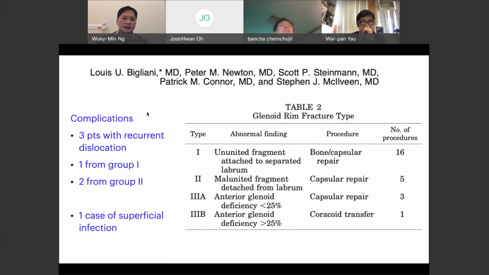For the open surgery done by the Bigliani group, they found that they still had 3 patients with recurrent dislocation, 1 from group 1, 2 from group 2, and they had 1 case of superficial infection. This is a complication arising from the open surgery for the glenoid repair.